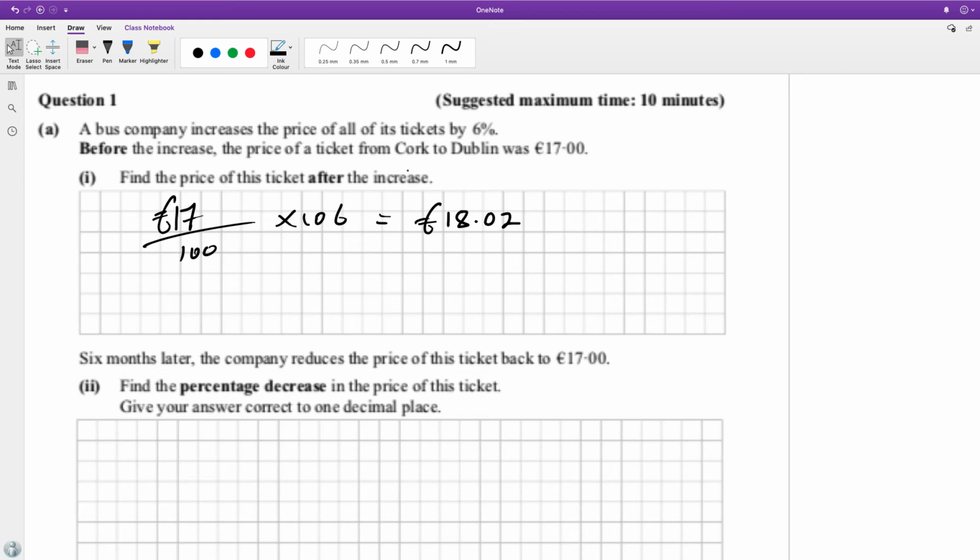What did the percentage decrease by? So percentage decrease. We did it last week.